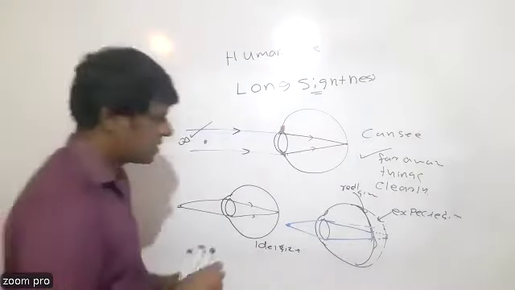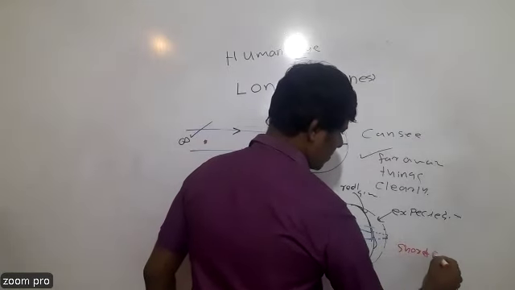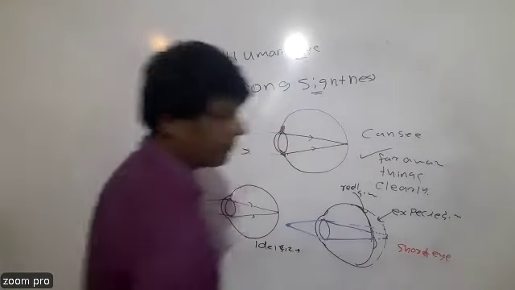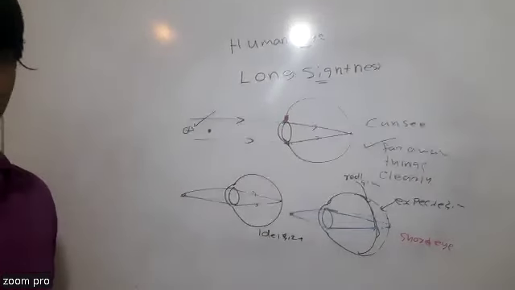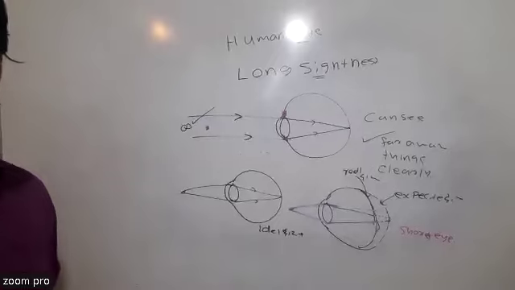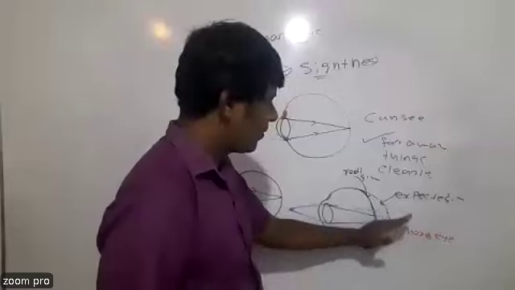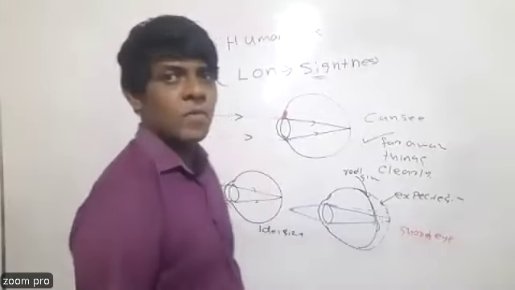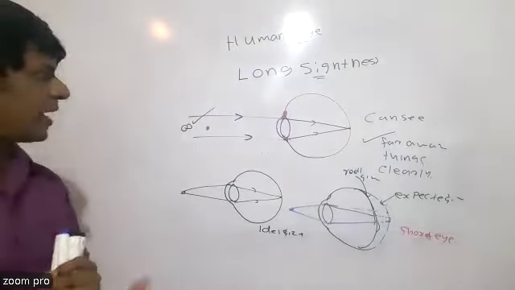Here the problem is a short eye. Okay, mark it. If the eye sphere is very short, you can't have a clear image formed on the retina. This is all about long-sightedness.